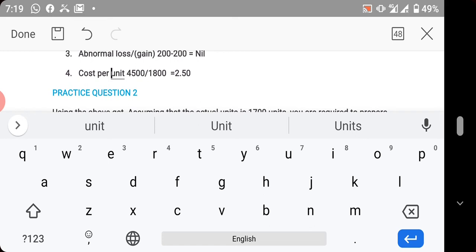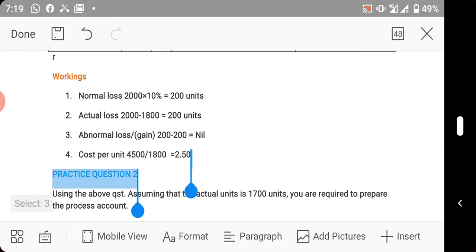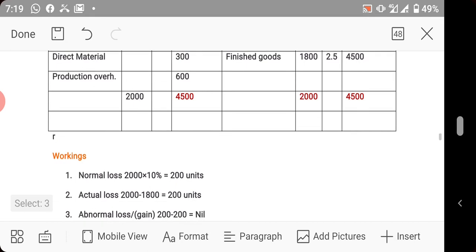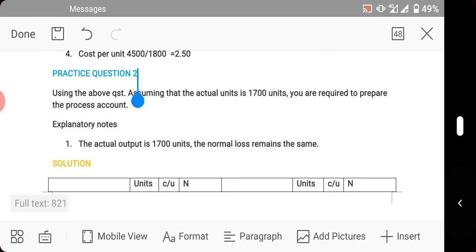Are you there? Good. So this 2.50 now is what we used to multiply our balancing 1,800 to get 4,500, and this corresponds. So you can practice this often. Are you there? Good. So with immediate effect, we move down to practice question number 2.